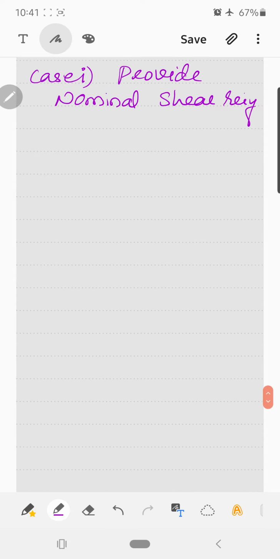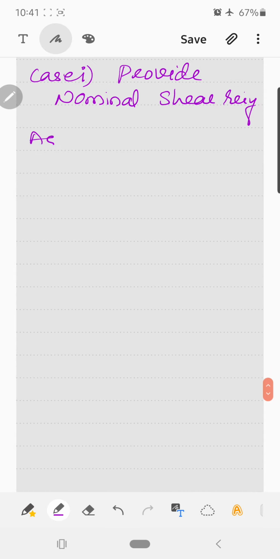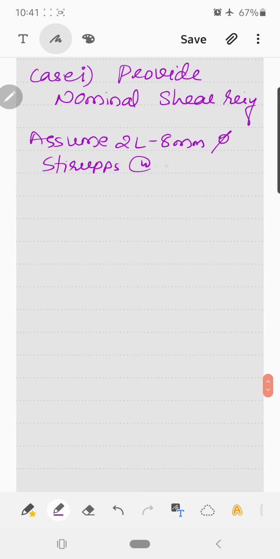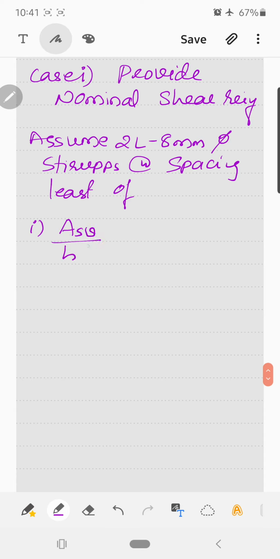Again assume 2-legged 8 mm diameter stirrups at spacing, least of. First one, case 1 equation: ASV by b SV is equal to 0.4 divided by 0.87 Fy.